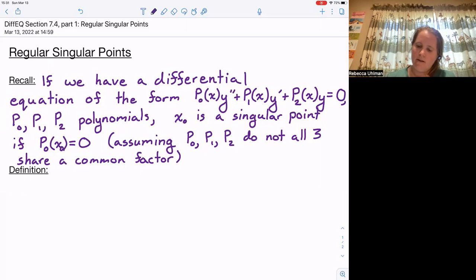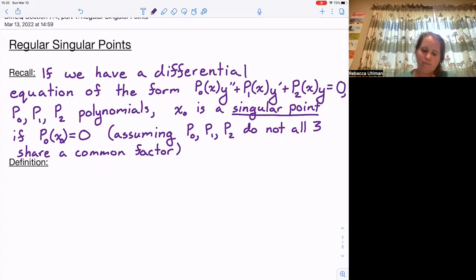So it's a singular point if it makes the polynomial coefficient of y double prime equal to 0. Now we'll get into what it means to be a regular singular point.